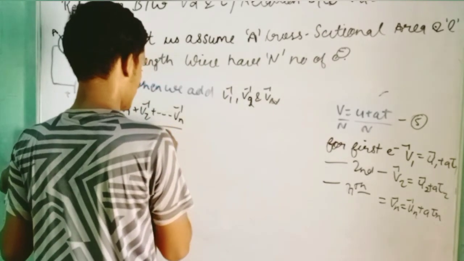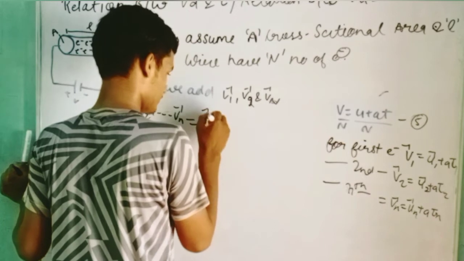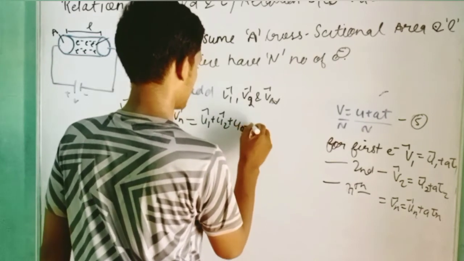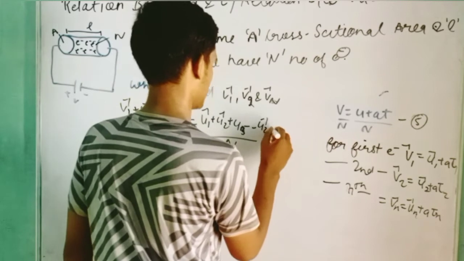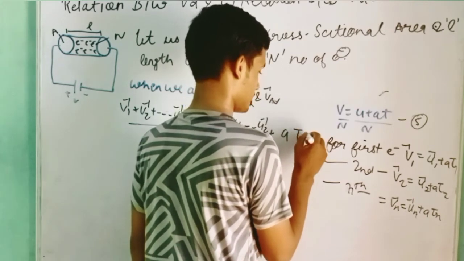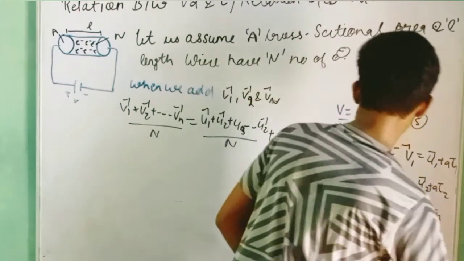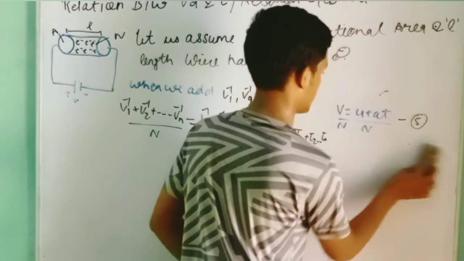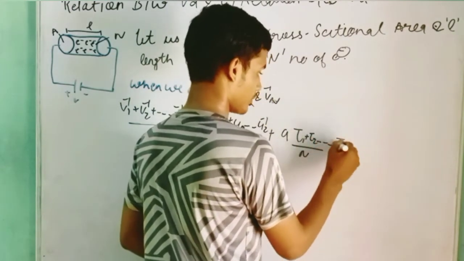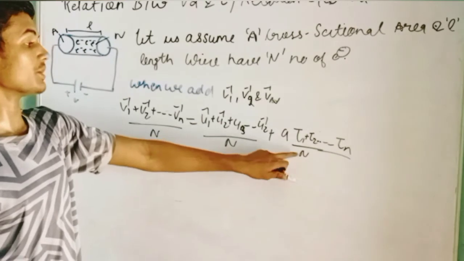So here we take tau n. Those are in multiple, so we take 1 in the denominator.